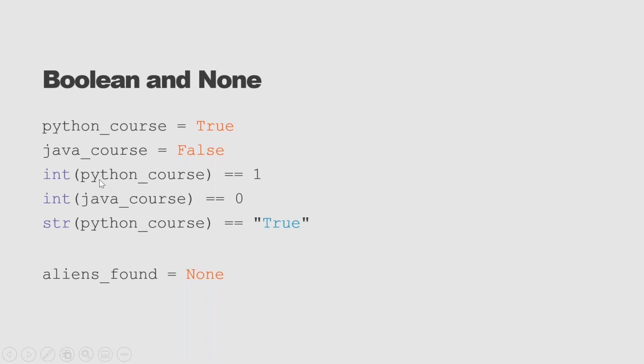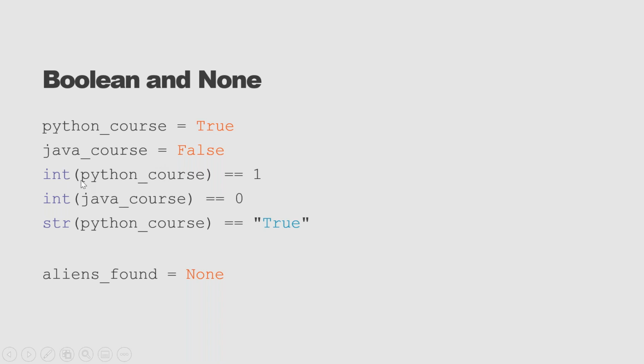Here you have integer Python course. Here int is a function actually, and Python course is taken as an input. So Python course value is true. So what will int do? Int is a function which will convert the true, that Python course value, into the integer.